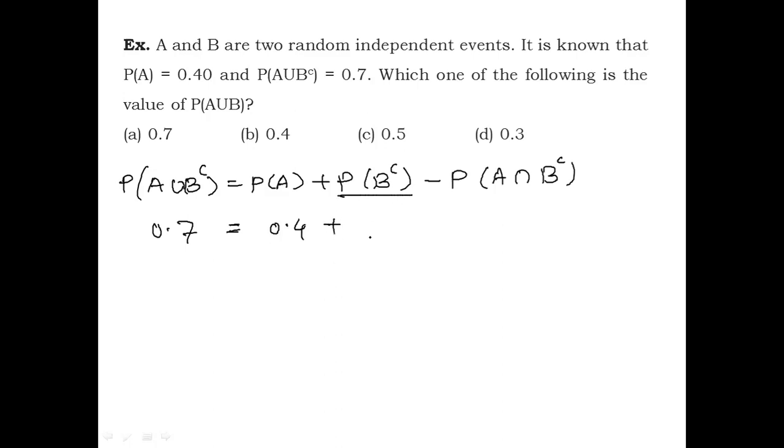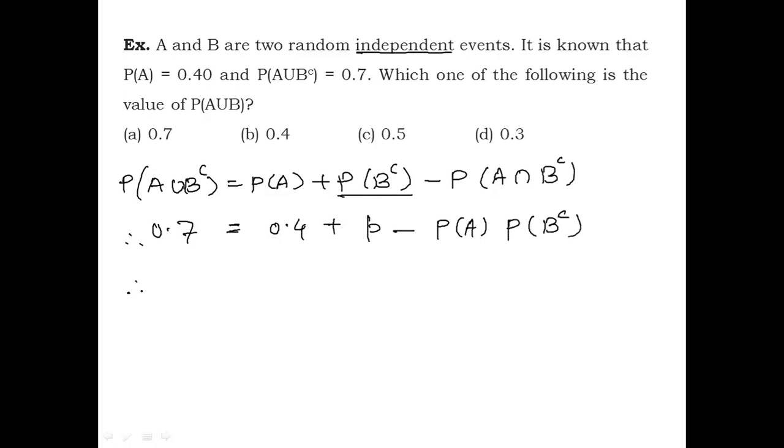probability of B complement, let us call this a small p, minus, now it is given A and B are independent events, so A and B complement are also independent, that's why this will be probability of A into probability of B complement.